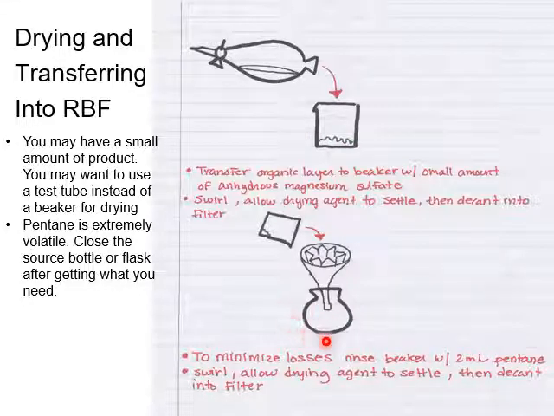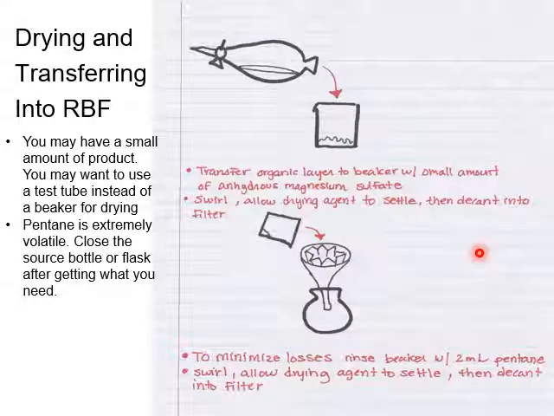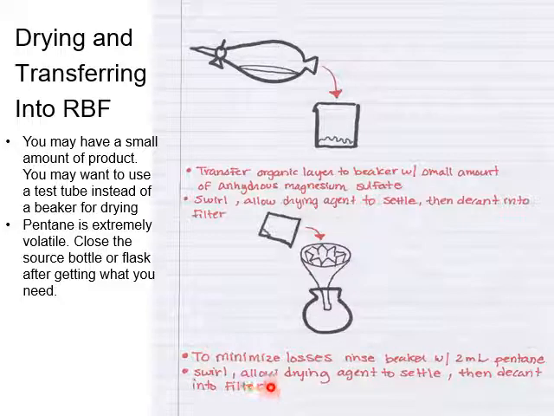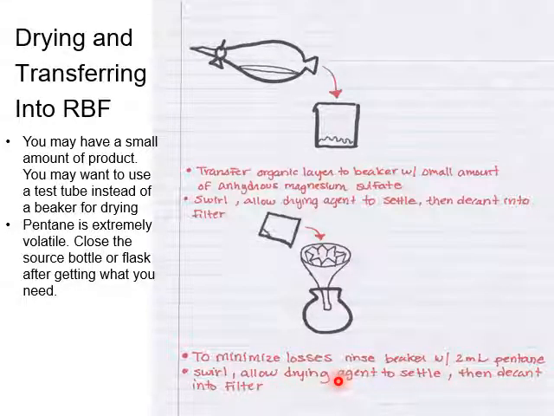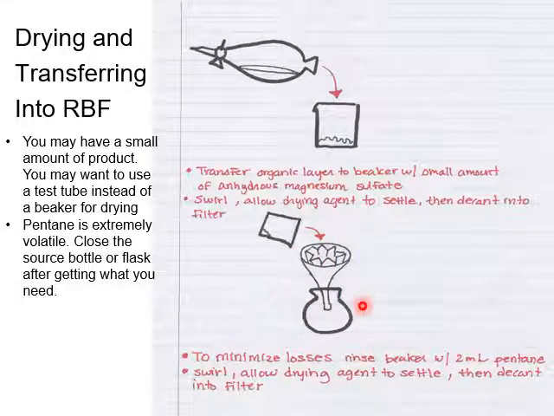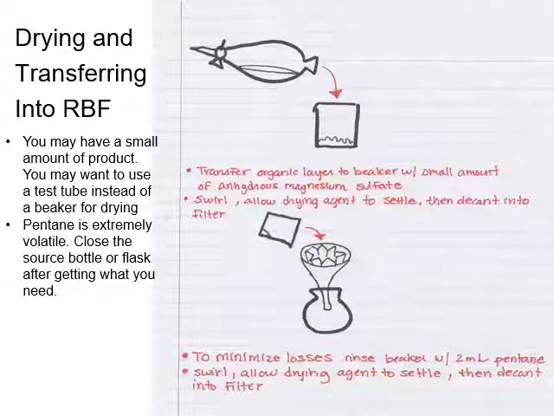To minimize losses, you rinse this beaker with pentane, which is now your organic solvent, and then you swirl. You allow the drying agent to settle again, and then decant again into the filter. Sometimes you also rinse down the solvent here to make sure that you get out all of your product.